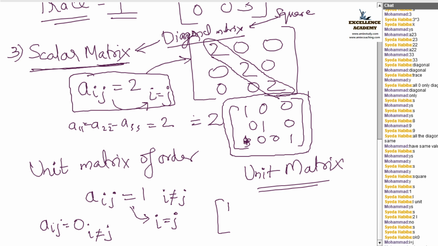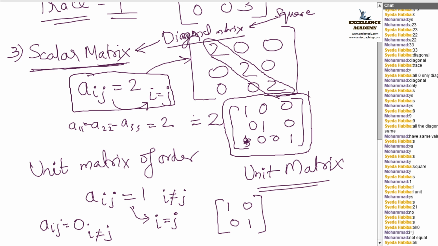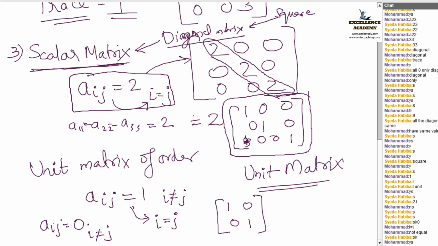Therefore, the matrix will be like this: 1, 0, 0, 1. Agreed? Okay. Any doubt till here?